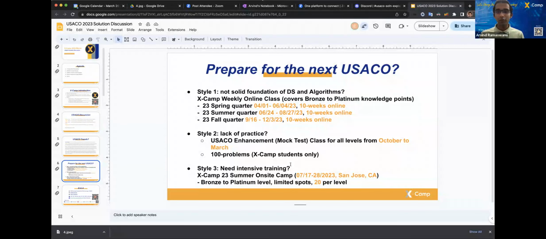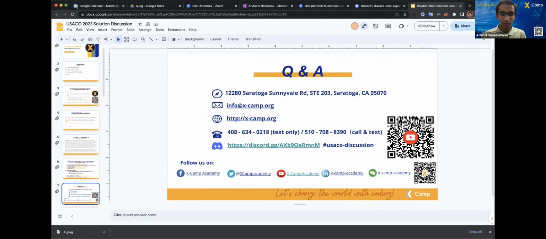And then 603 is for people at the platinum level. It's meant to train people for USACO Platinum and to try to get into camp. For the last few years, we had a couple of people go to camp, and we're pretty optimistic about the results this year. They won't come out for a few weeks. Do you have any questions?